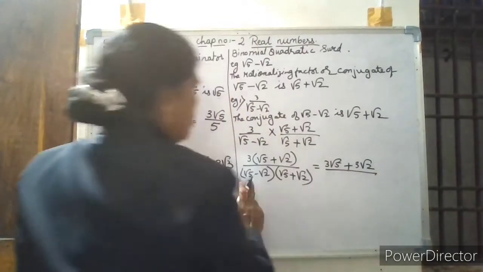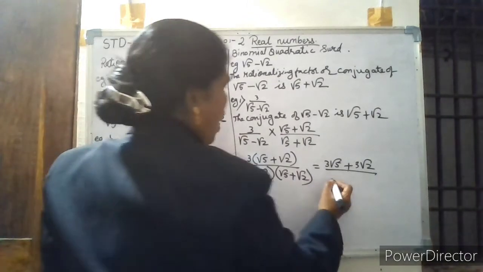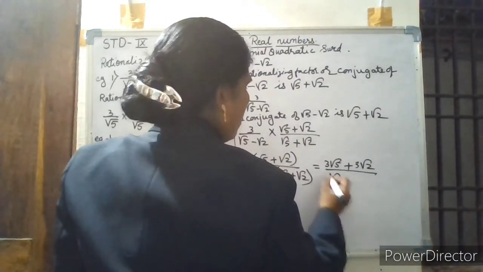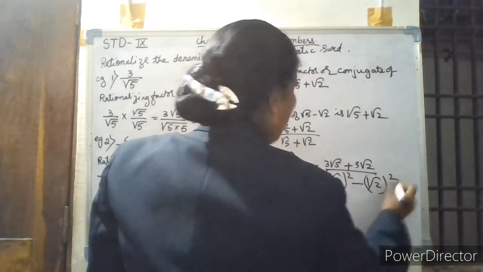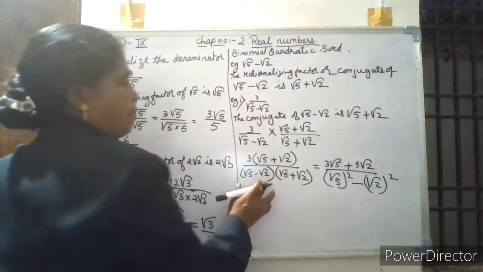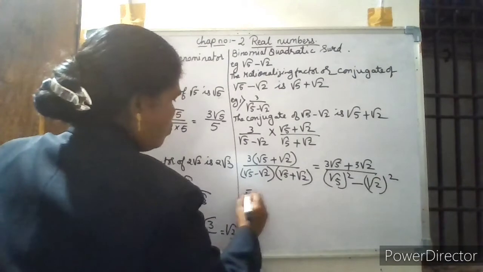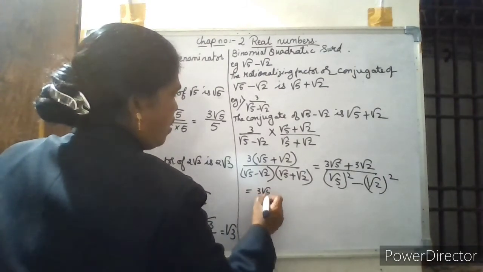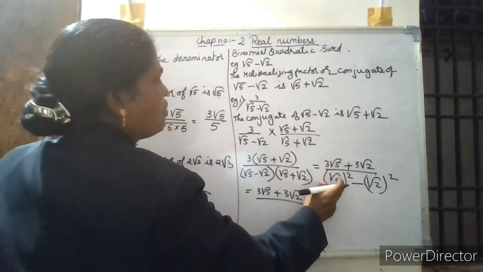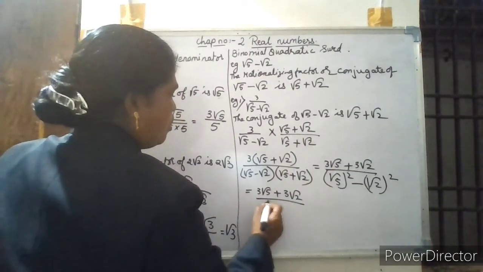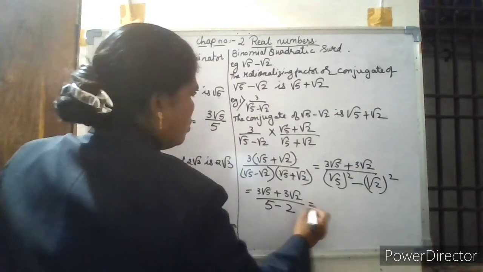This is in the form of a minus b into a plus b, which is equal to a squared minus b squared. So this is equal to 3 root of 5 plus 3 root of 2 upon root of 5 the whole square, which is only 5, minus root of 2 the whole square, which is only 2.